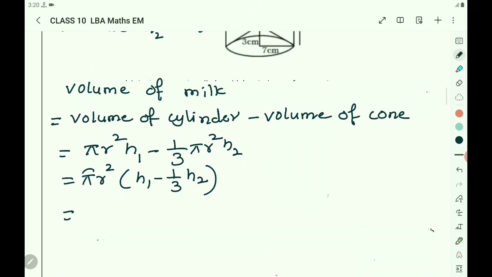That equals pi value is 22 by 7. R value is 7, 7 into 7.